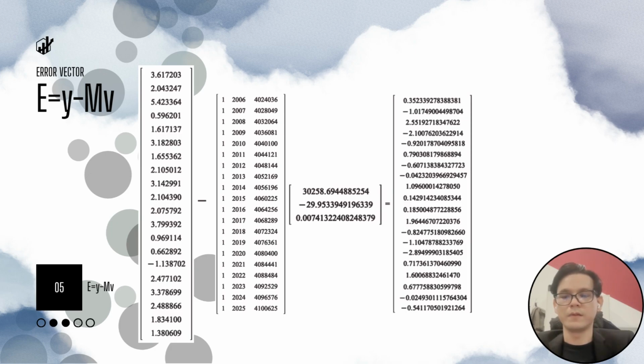The resulting residual values show the difference between the actual inflation rates and the predicted inflation rates for each year. Positive residual values indicate that the actual value is higher than the predicted value, while negative residual values indicate that the predicted value is higher than the actual value. These residuals are important because they help evaluate the accuracy of the fitted model.